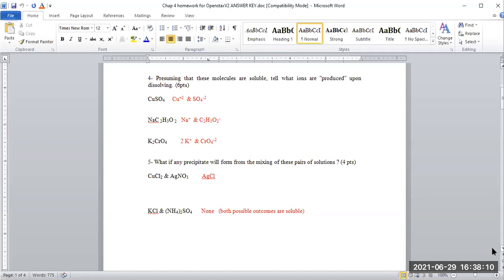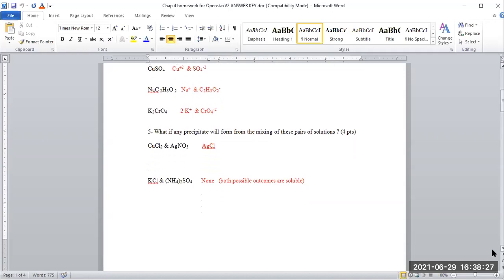So silver chloride is your precipitate. This is the chloride rule: most chlorides are soluble, but not silver, lead, or mercury. So here's the silver one. And for the second one, even if you swap them and try to create K2SO4 or ammonium chloride, neither of those is going to be a precipitate. No precipitate happens because everything is soluble.